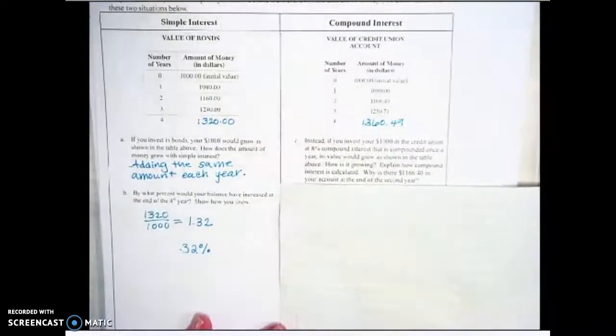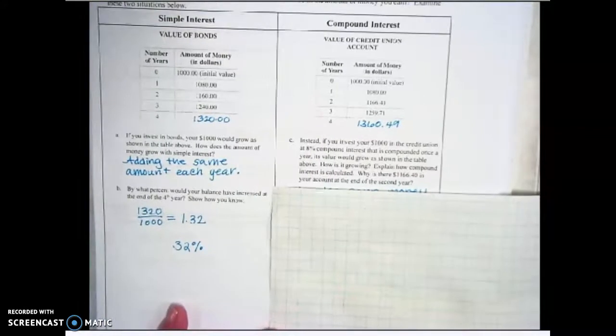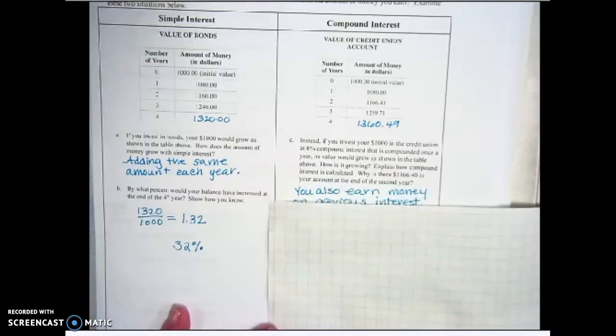Part C says, instead, if you invested your $1,000 in the credit union at 8% compound interest, that is compounded once a year, its value would grow as shown in the table above. How's it growing? Explain how compound interest is calculated. Why is there $1,166.40 in your account at the end of the second year?